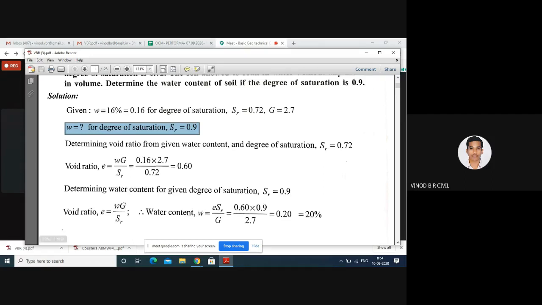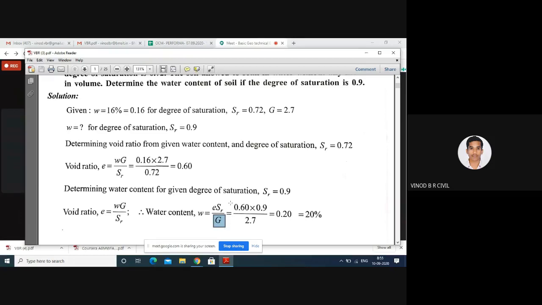Now we are cross multiplying this. We know the value of E, we know the value of G, the specific gravity, and we know the value of SR, the degree of saturation. We don't know the value of W. So water content W is equal to E into SR divided by G, that is void ratio into degree of saturation divided by specific gravity.